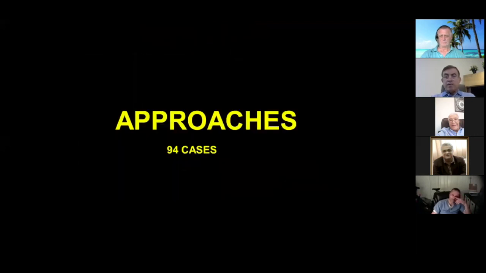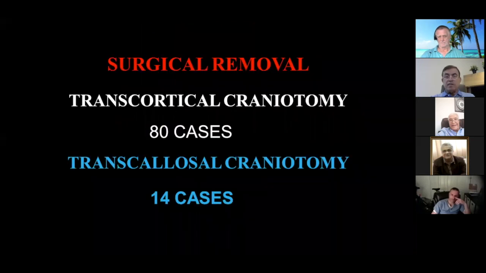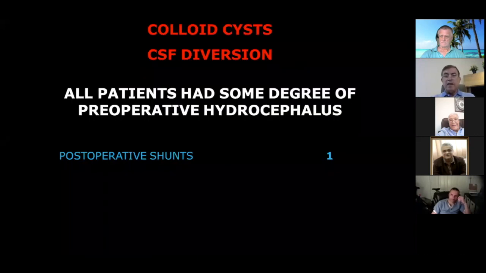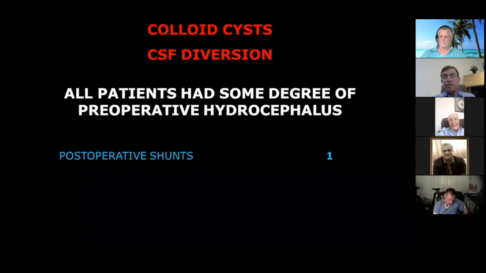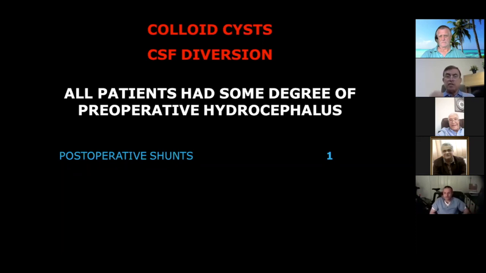So, the approaches that I used in the 94 cases: I used mainly the transcortical in 80 cases, transcallosal in 14 cases. All patients had some degree of preoperative hydrocephalus, but I do not put in a shunt. I have never put a shunt up front in the 94 patients. If it is an emergency, you put an external drain.